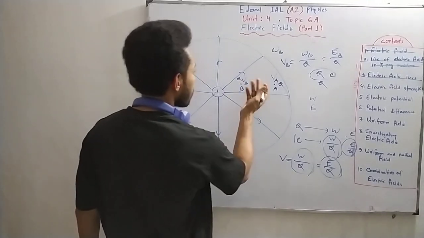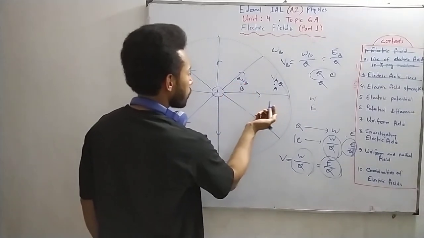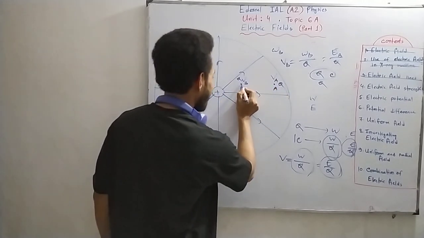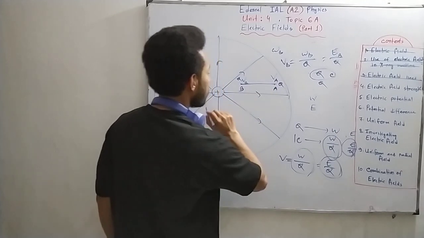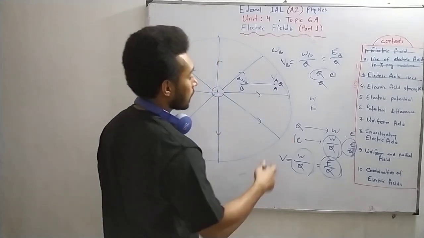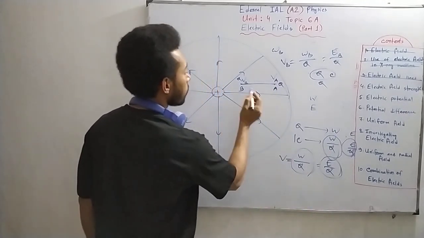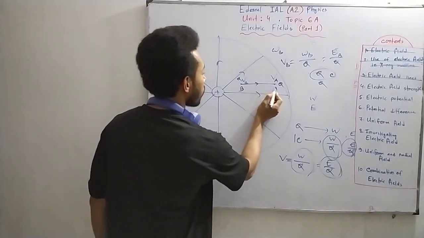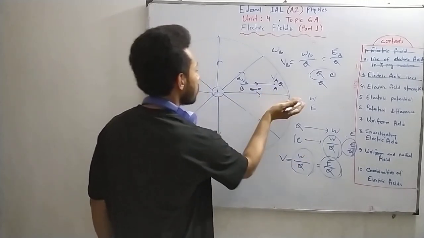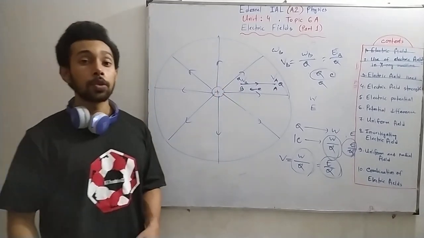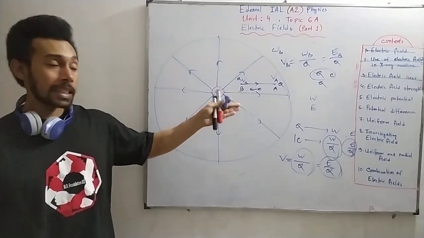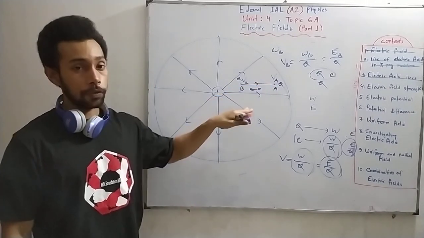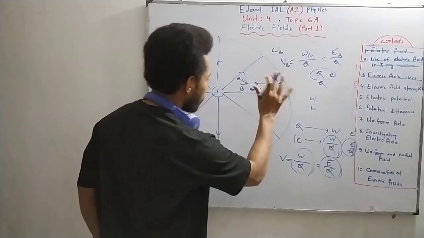And since the electric potential of these 2 points is different, if you connect them with a conductor, you will find current flowing from point B to A and electrons flowing from point A to B. Okay, so to get current going, you have to have a potential difference, and this is the potential difference.